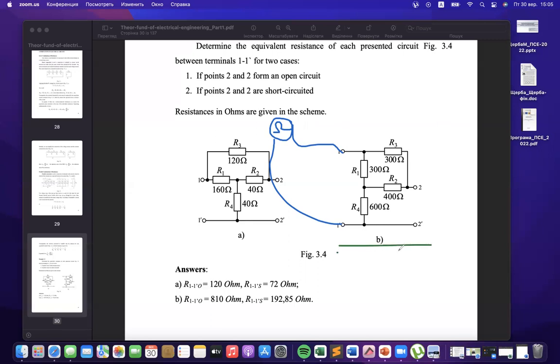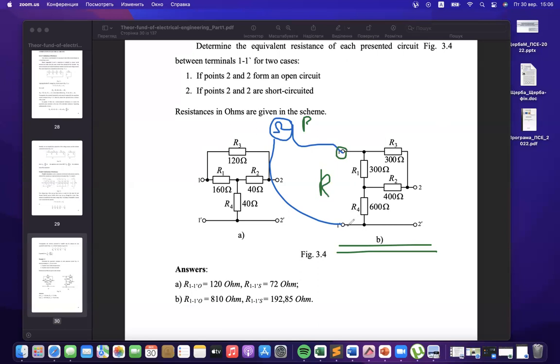I mean, you are looking at this circuit and trying to calculate total resistivities, as it is pointed here. We want from 1 to 2, not from 1 comma to 2 comma.